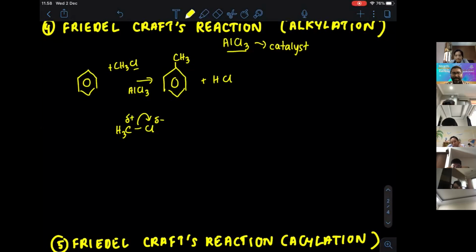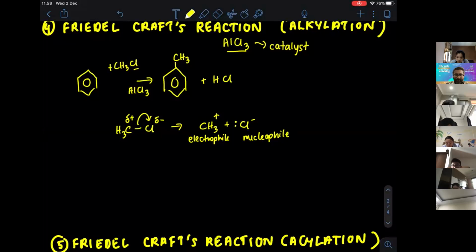So what is going to happen? You are going to have heterolytic fission again. You are going to have Cl minus and CH3 plus. So you get two things over here, similar to just now. This is going to be the electrophile, and this is going to be your nucleophile.